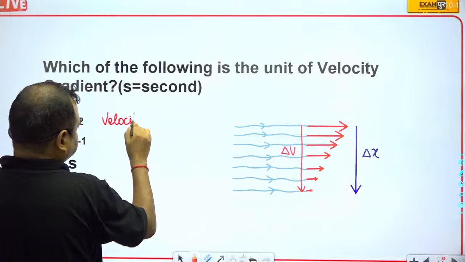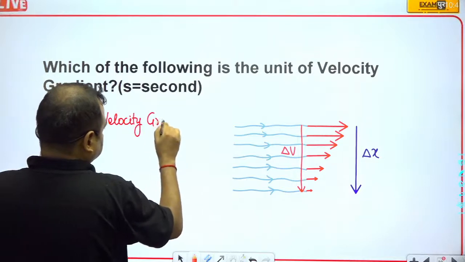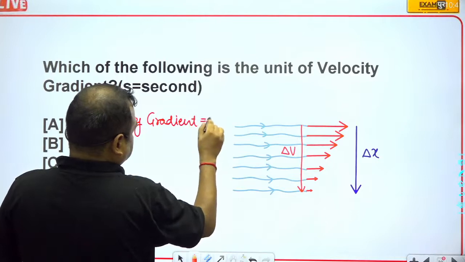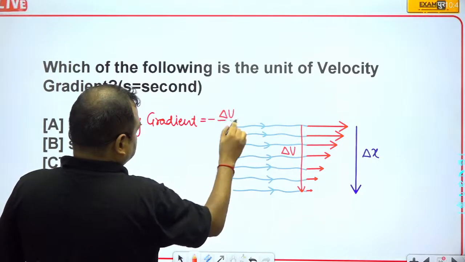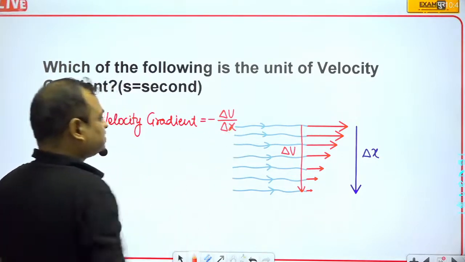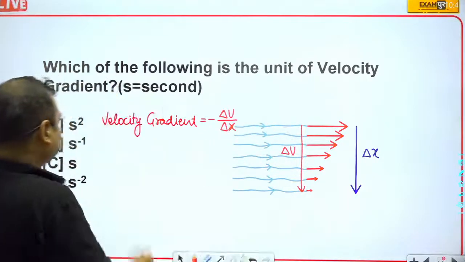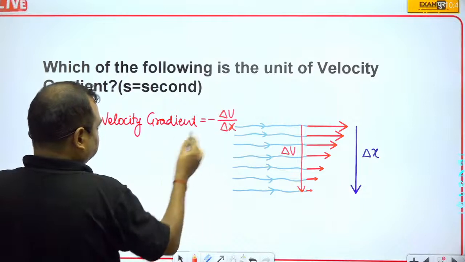So the velocity gradient means minus delta v upon delta x. Here the minus is just because the velocity is continuously decreasing. Now we talk about the unit.